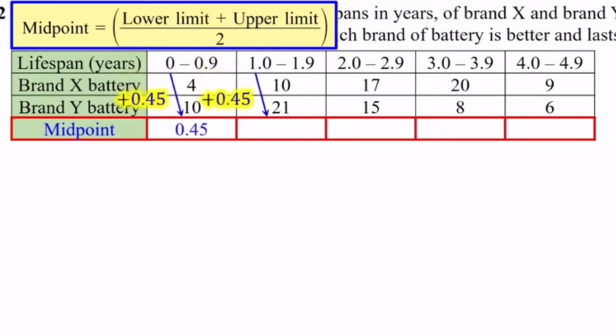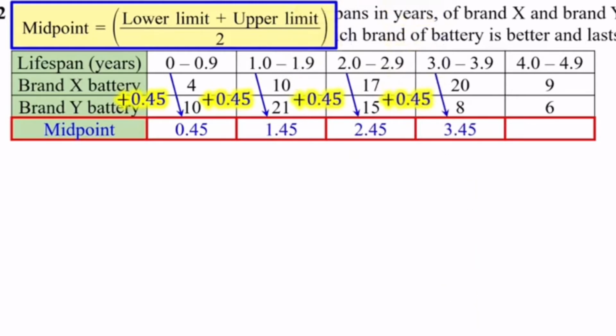So this will become 1.0 plus 0.45, so it becomes 1.45. And the next one will become 2.0 plus 0.45, which will become 2.45. Right, so 2.45 is the midpoint for the class interval 2.0 to 2.9, and then for this one it will become 3.0 plus 0.45, so it will become 3.45.